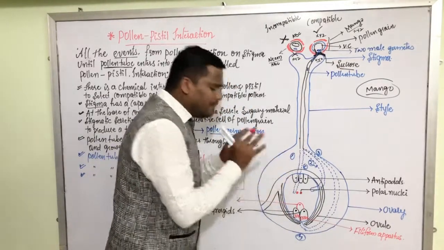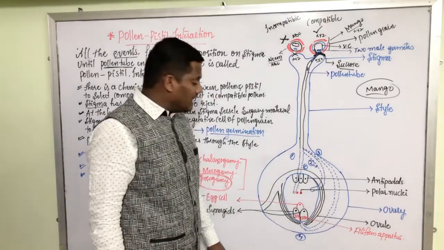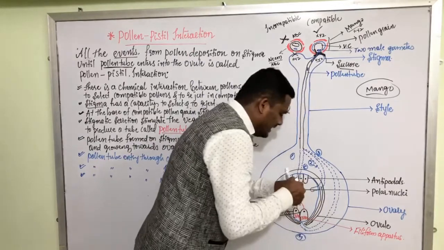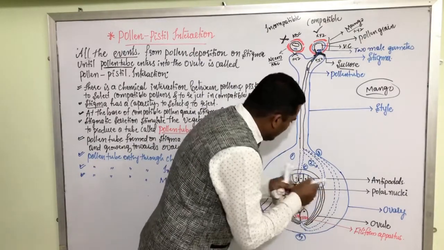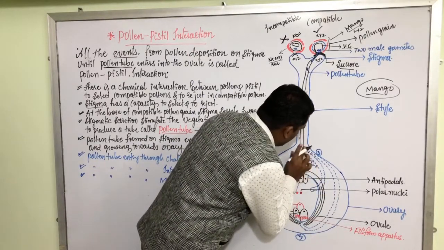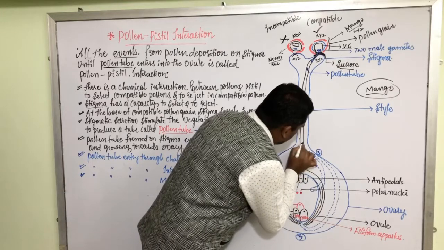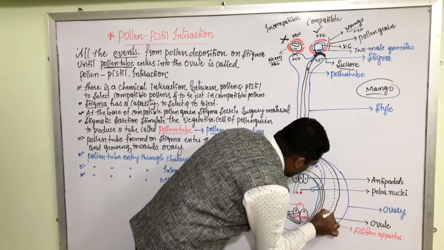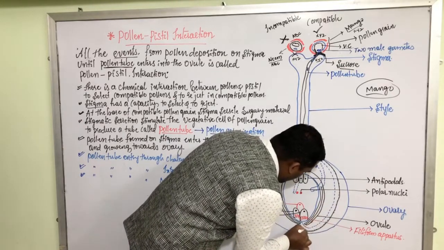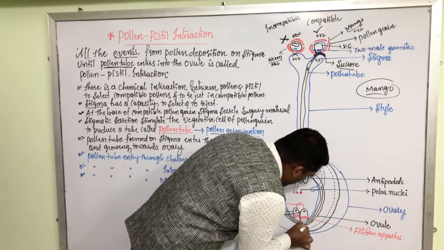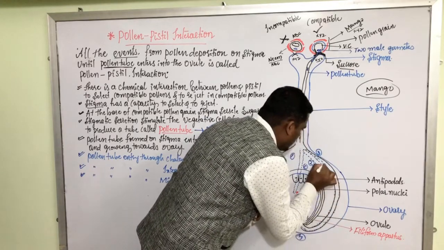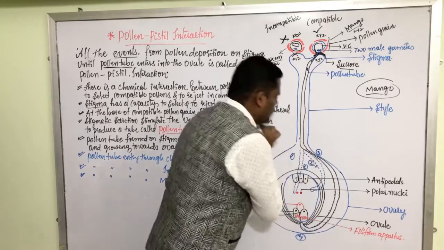They are the three possible ways of entry. Let us make it darker. This entry is the very common type of entry of a pollen tube into the ovule.